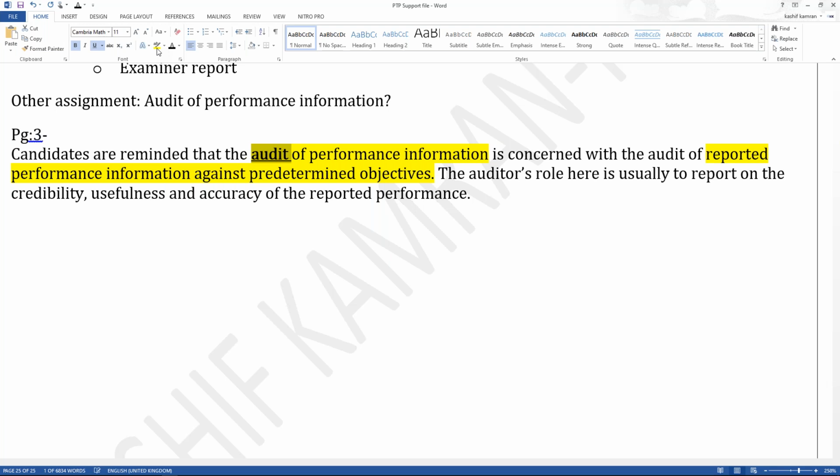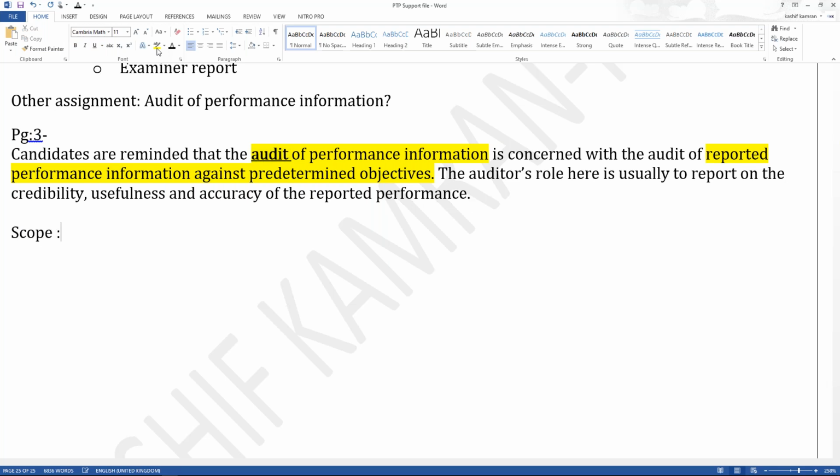So whether you do the audit of the financial statements or the audit of the performance information, I hope you are all clear with the word audit. Audit means to examine something, to review something, or to verify something. So audit of performance information is concerned with the audit of the reported performance against the predetermined objective. So what is your scope?